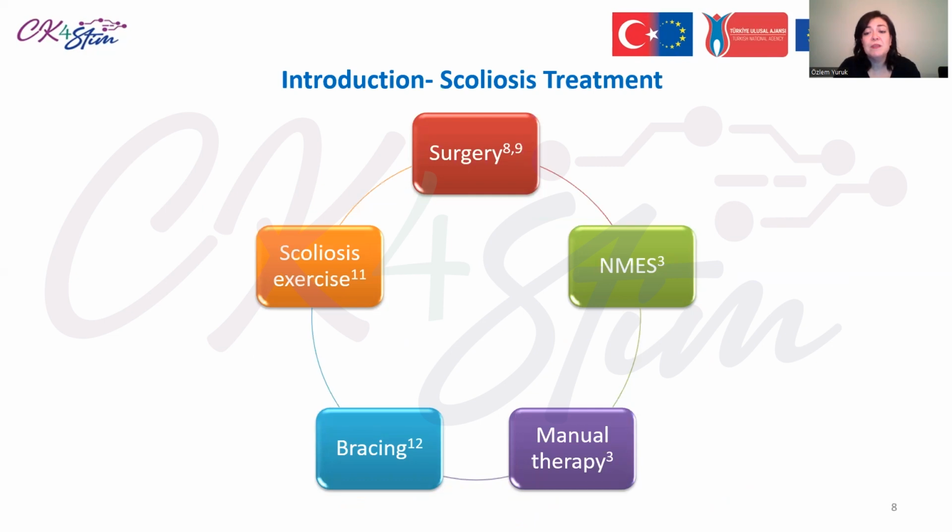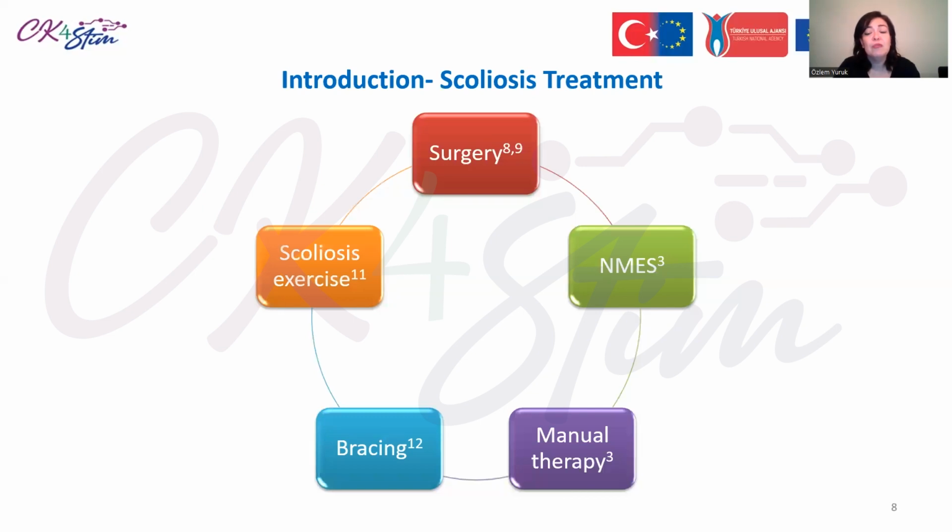Various treatment methods have been used for the treatment of scoliosis since ancient times. Scoliosis management includes conservative treatment and surgical procedures. The treatment program should be individualized according to the patient assessment and the progression of the curvature.